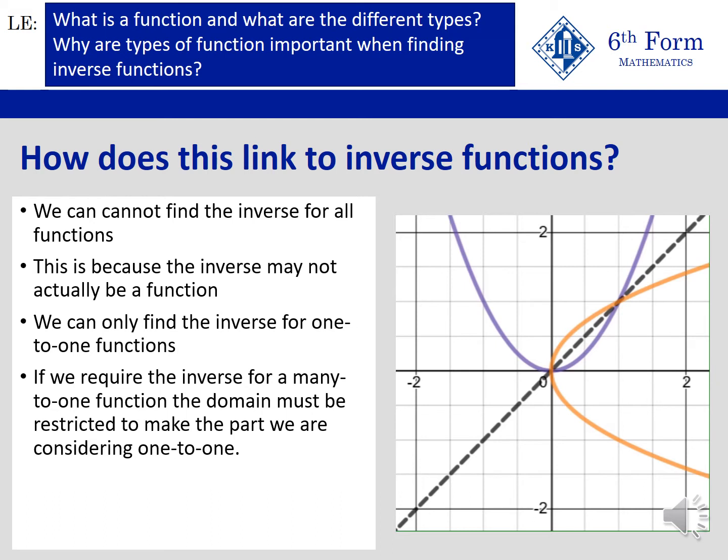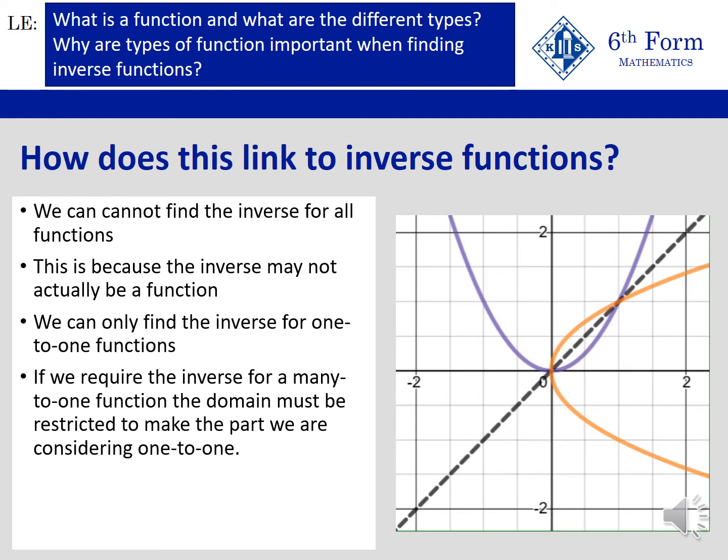And if we think back to our definition of a function, this would not actually be classed as a function. We could draw on a vertical line, and it will cut the curve twice. We're getting two different solutions for our one input. So we've got a problem here. We can't find the inverse as it stands of y equals x squared, because we come out with something that's not a function if we consider the graphical inverse of it.